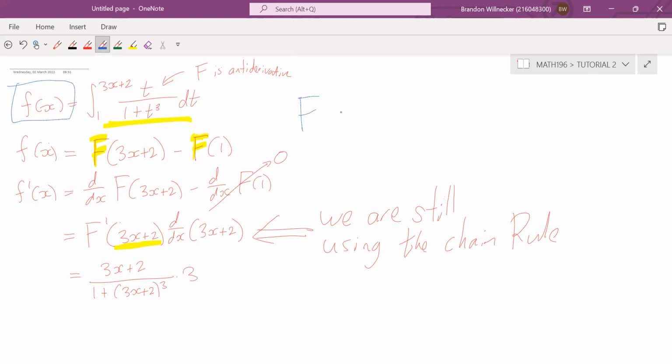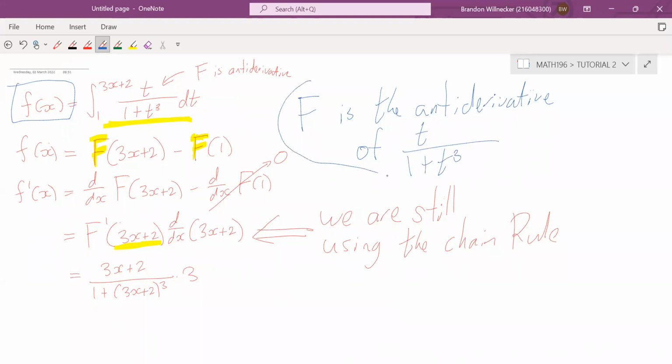This capital F is the antiderivative of t over 1 plus t cubed, because you're using FTC part 2. So that's where this capital F comes from. You have to say this on the side. This little statement in blue, you have to say that on the side so that I know where you are getting capital F from.